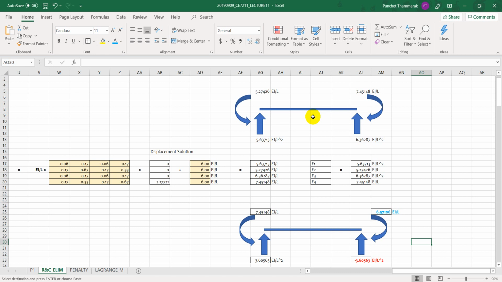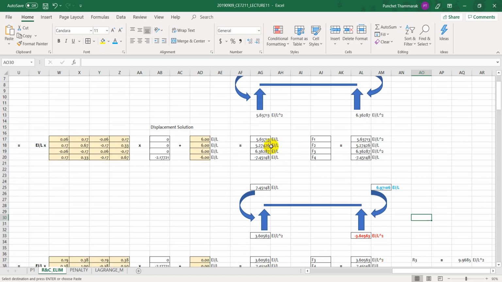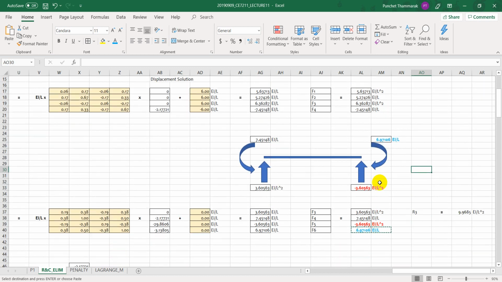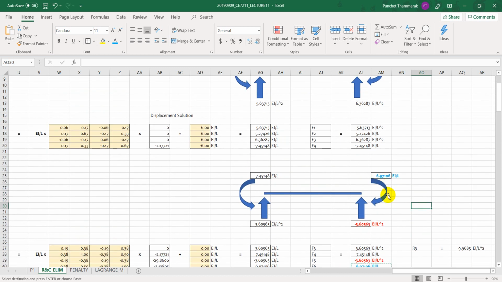That will be the step before you design the cross section for the RC or for the steel. You have the pattern of the internal force diagrams. Positive go up, positive this direction.